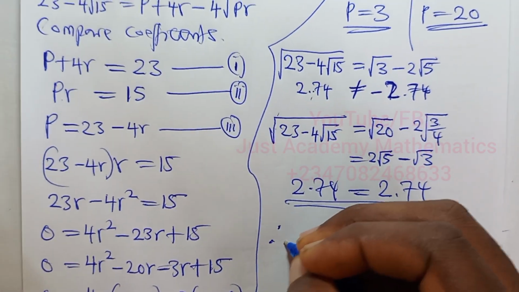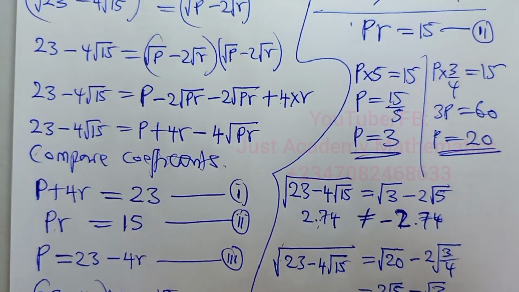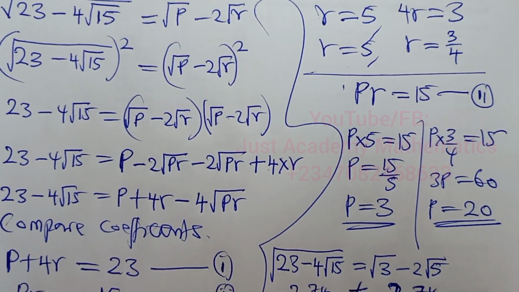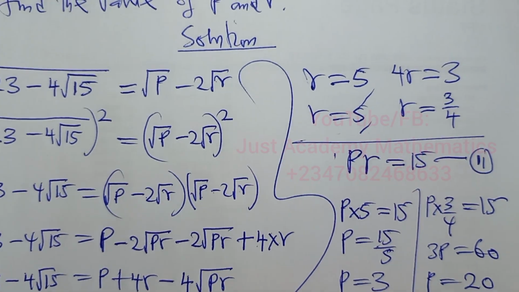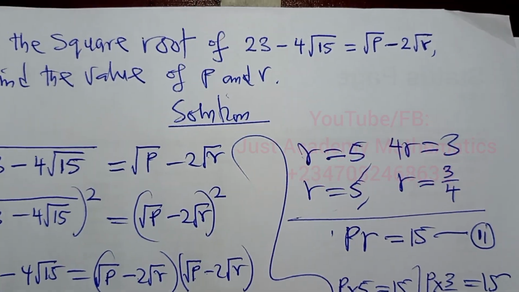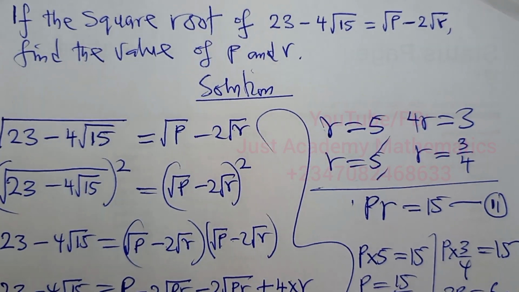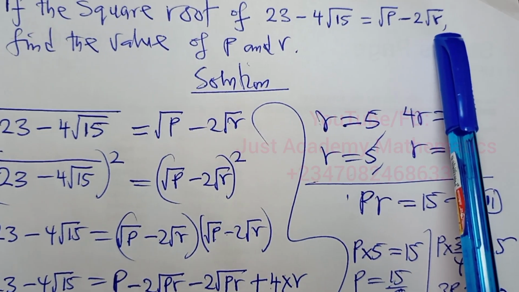So we can come here and boldly say, therefore, since we are looking for P and R, P is equal to 20 and R is equal to 3 over 4. For this equation to be valid, P must be 20 and R is 3 over 4.